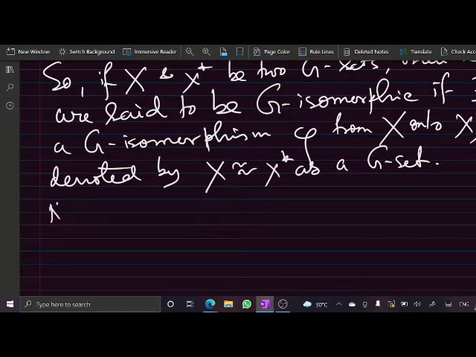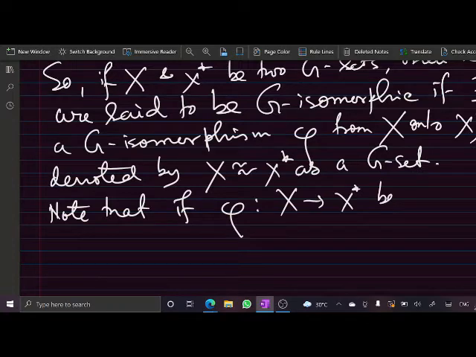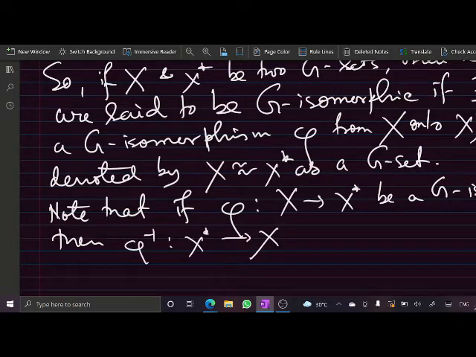Note that if phi from X to X star is a G isomorphism, then certainly the inverse of phi exists, and the inverse from X star to X is also a G isomorphism, right?